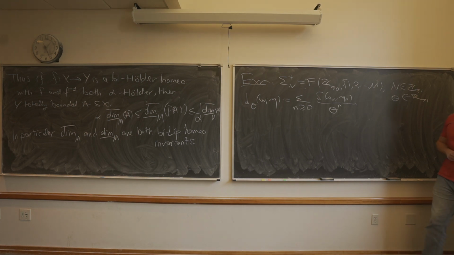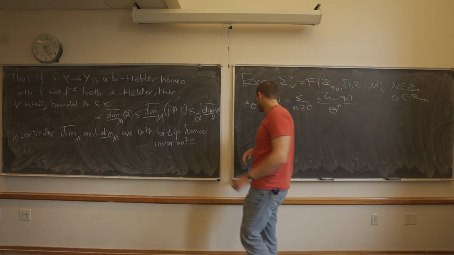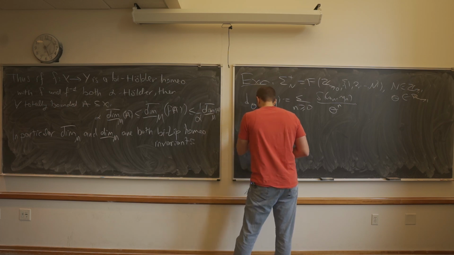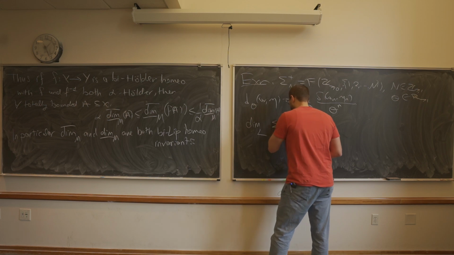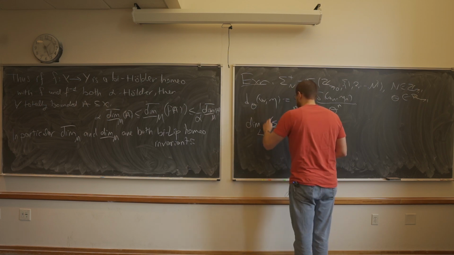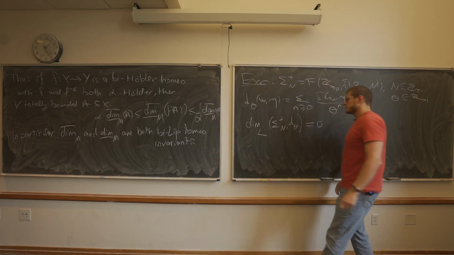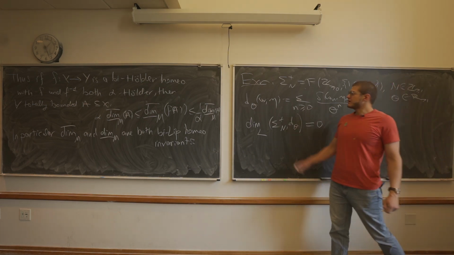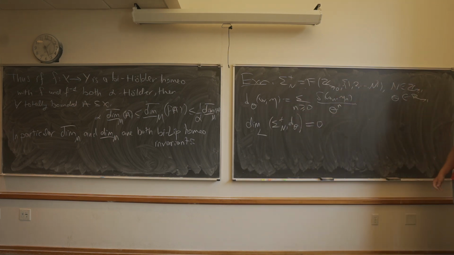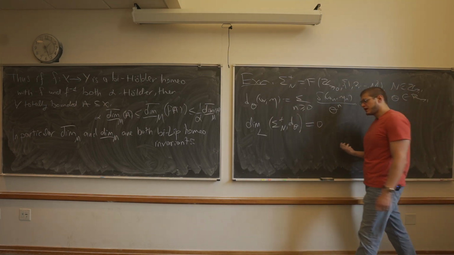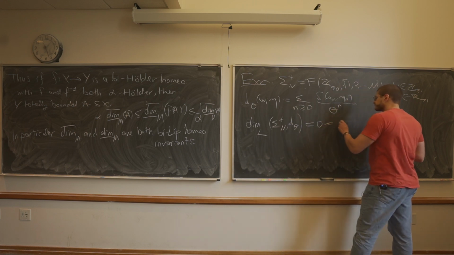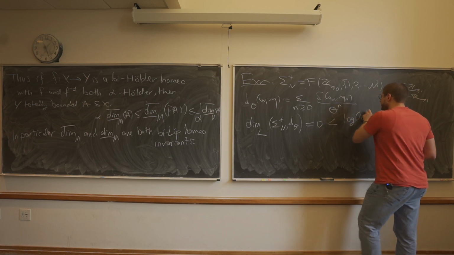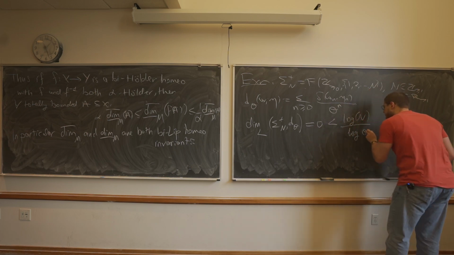No matter which theta you choose here, the Lebesgue dimension is always going to be 0. And it turns out, this is a calculation that I think is very good also, that the upper and lower Minkowski dimensions are the same, and they're also equal to the upper similarity dimension, which is log of n divided by log of theta.